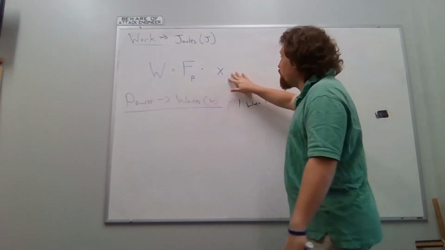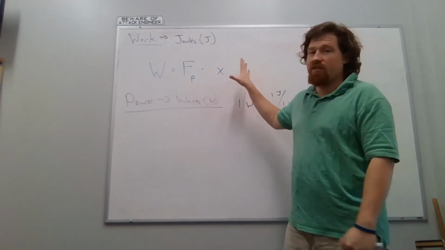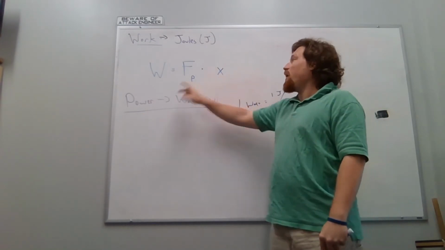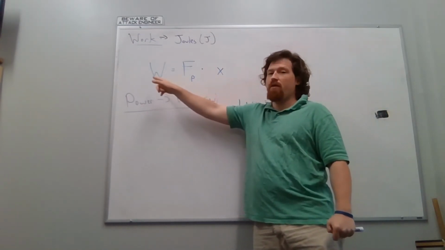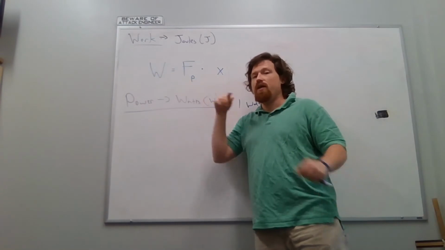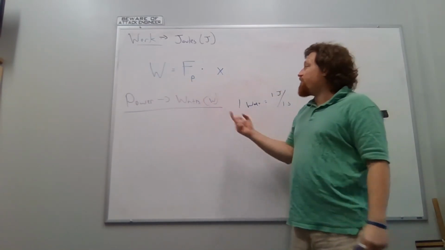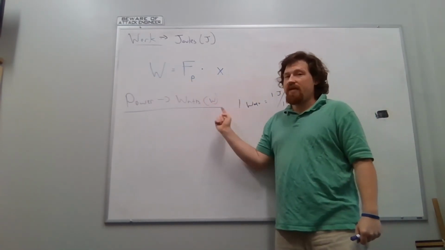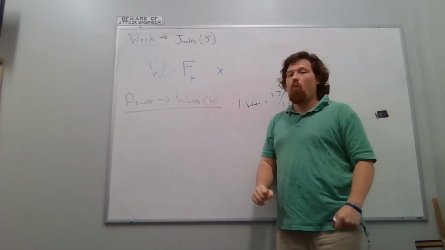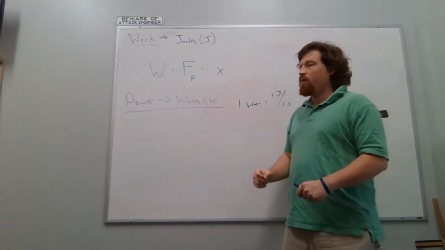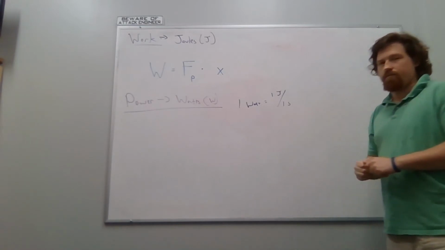There are no units in the formula, just variables. When you see W as a variable in the formula, it means work. If W is used as a unit, then it's watts, power. I want to make that important distinction.